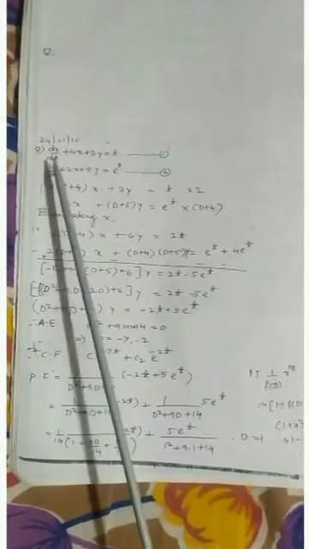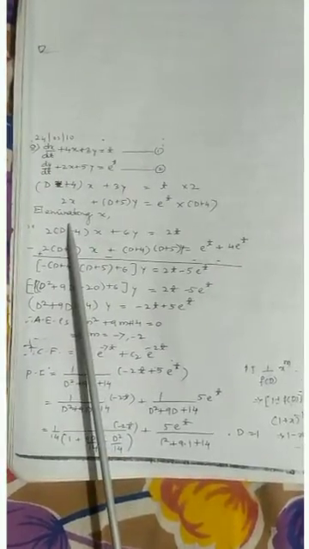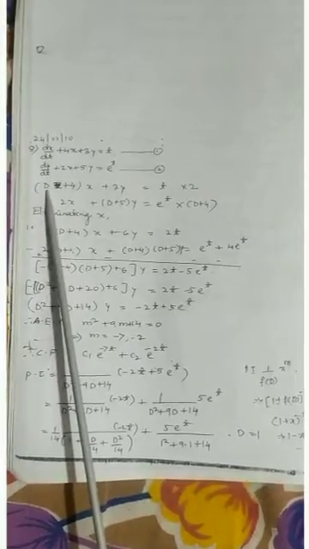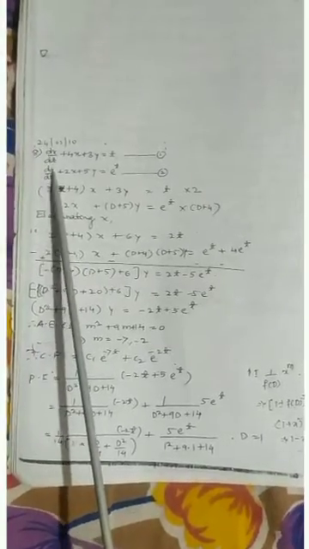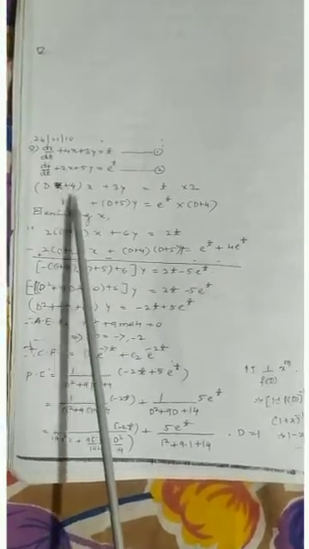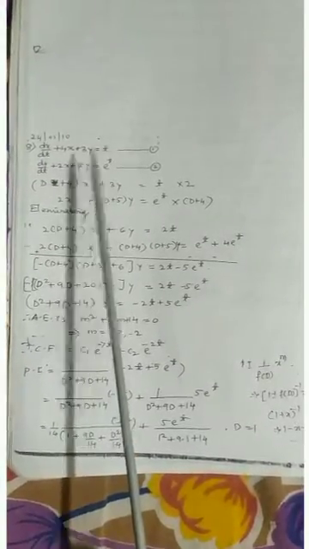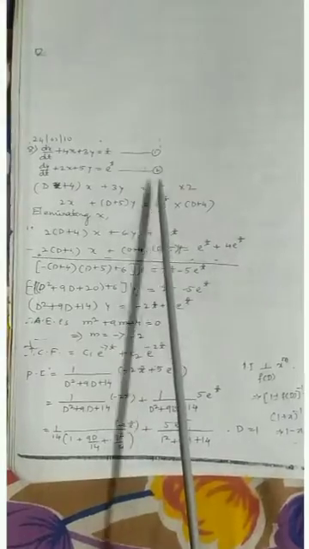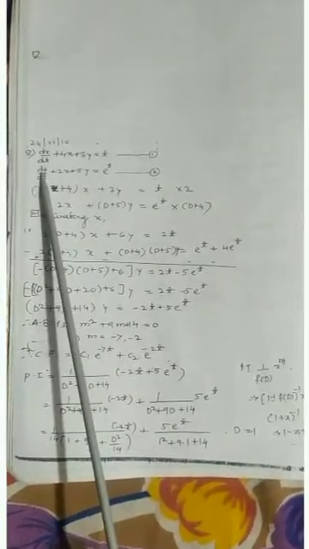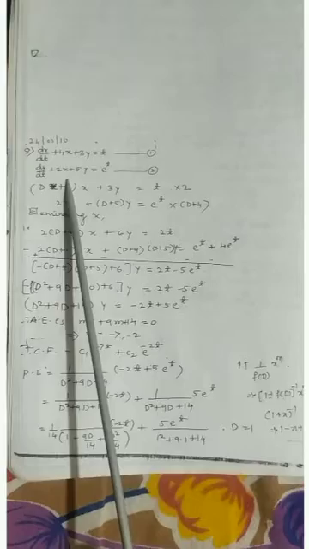Once again, the derivative d by dt can be rewritten in the form of capital D. What you get is (D + 4)x + 3y = t. That is the first equation.